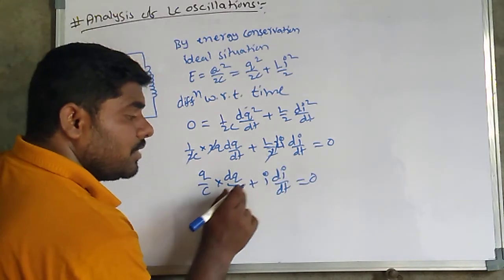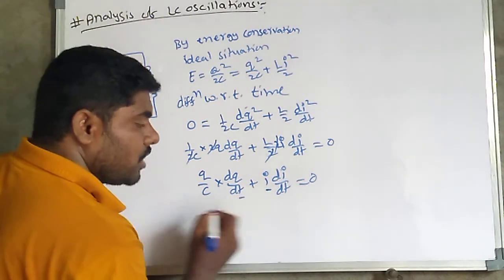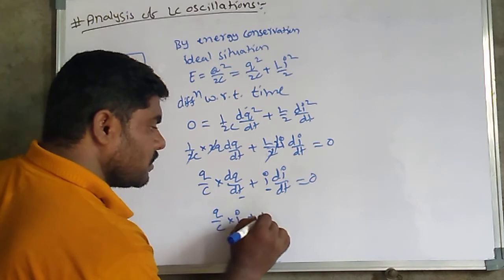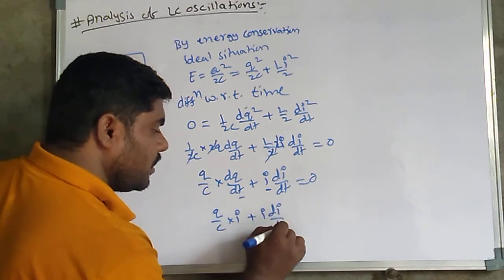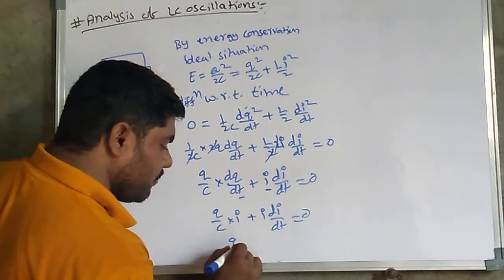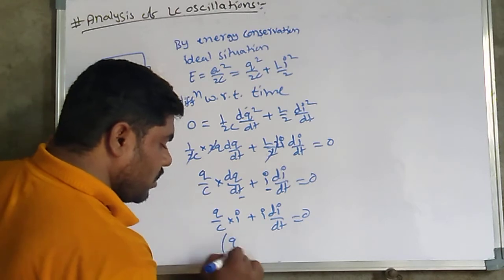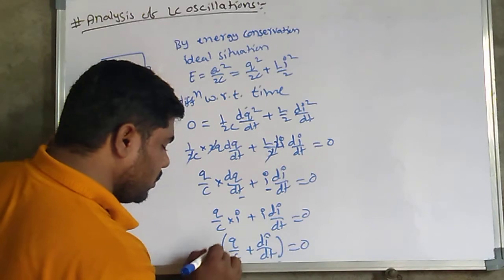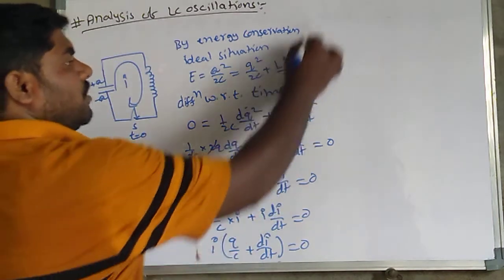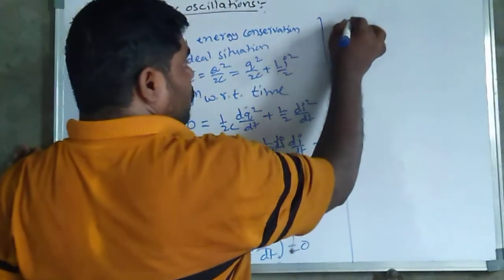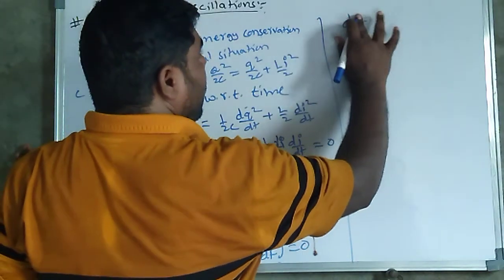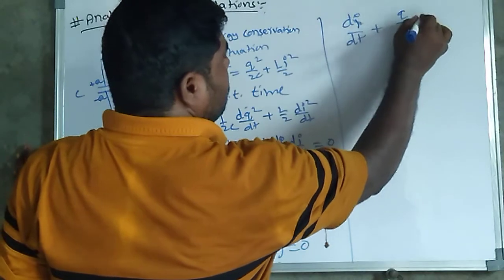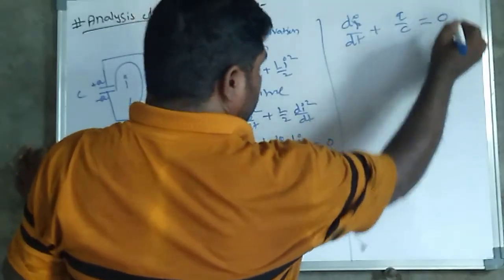dq by dt is nothing but I, and taking I out common, q by C into I plus I into di by dt is equal to 0. Finally, (q by C plus di by dt) into I is equal to 0. So di by dt plus q by C is equal to 0.